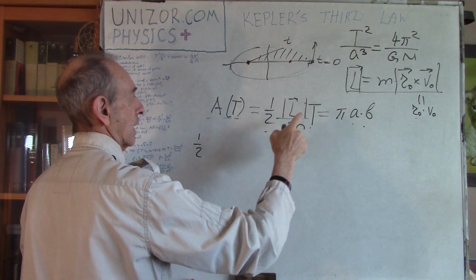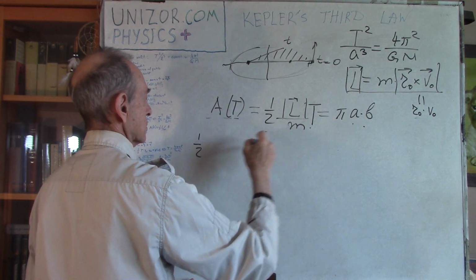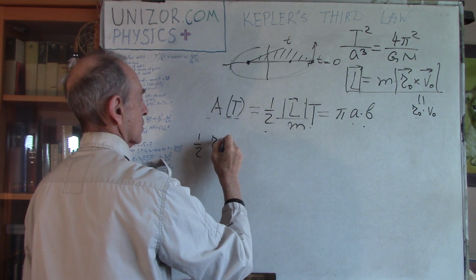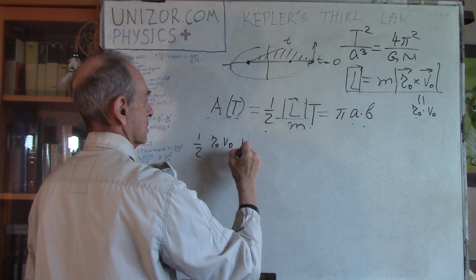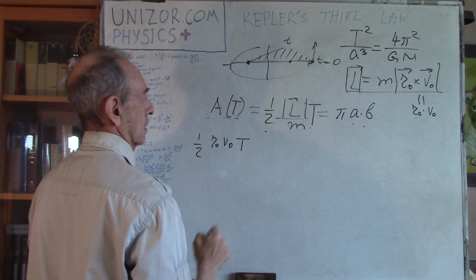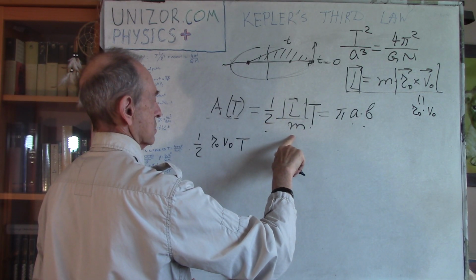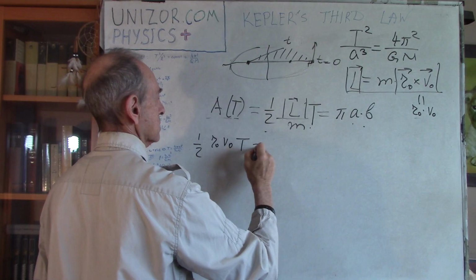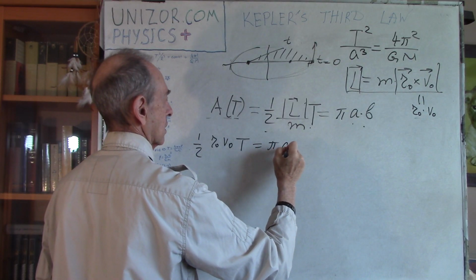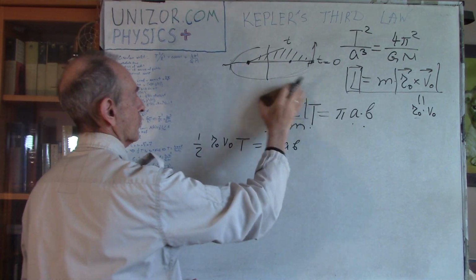Now instead of L, I will put this, and I will cancel M, so I will have r0 v0 T. Am I right? 1/2 L divided by M, which is r0 v0 T, and this is equal to pi AB. Okay, so this is basically the formula from which I will start.